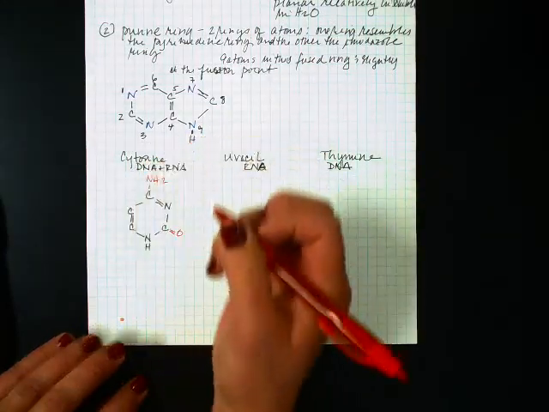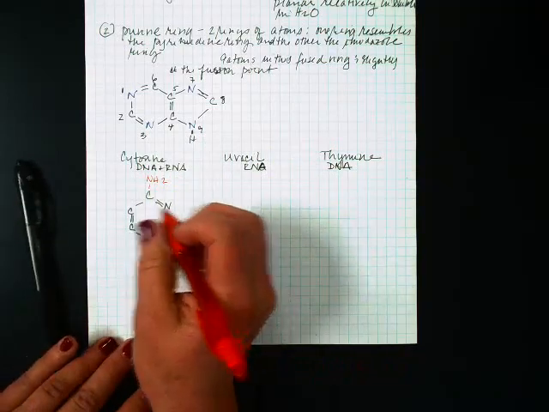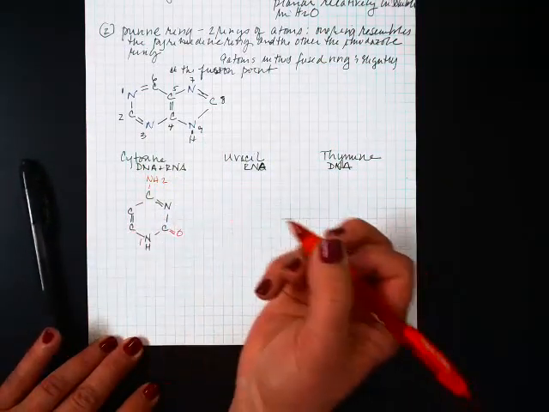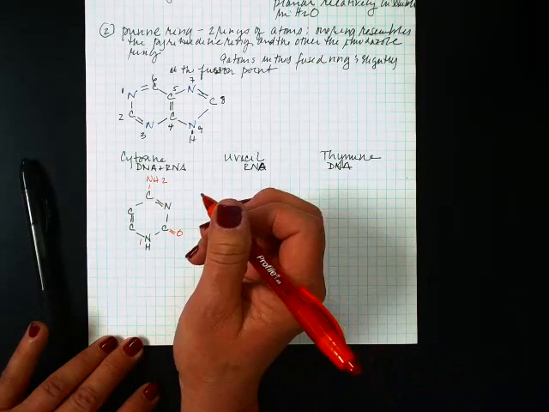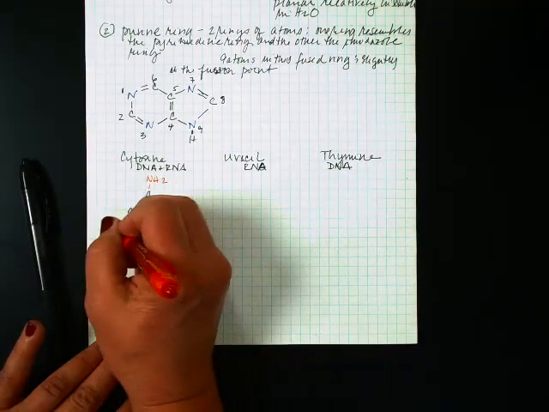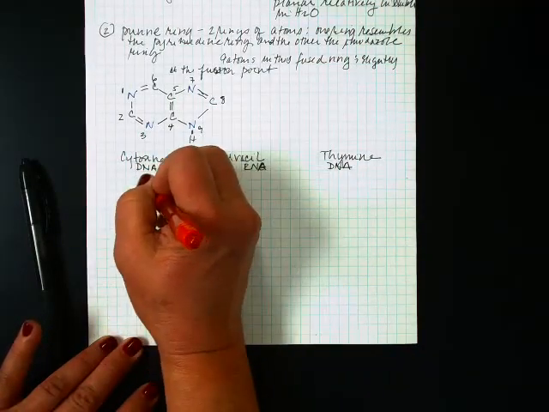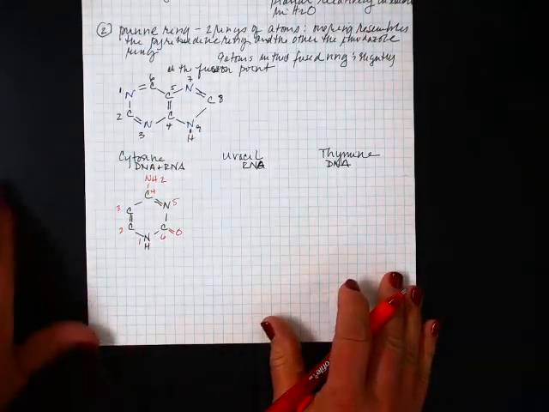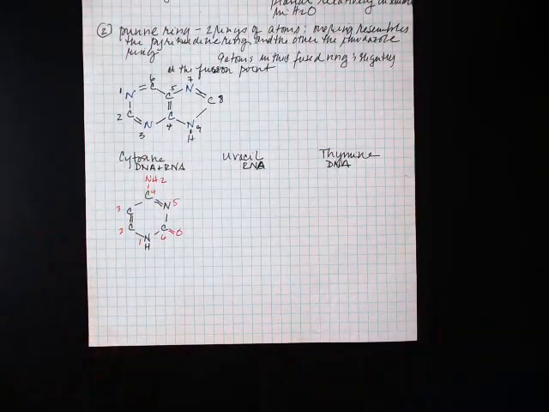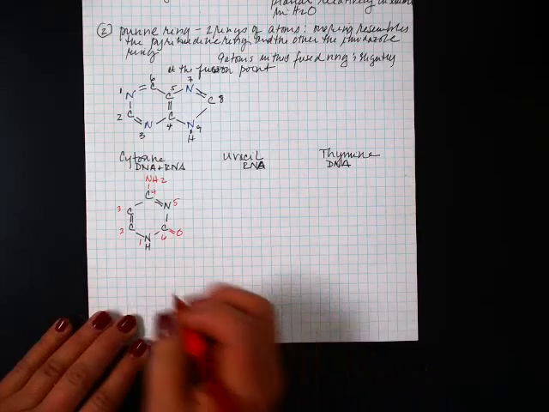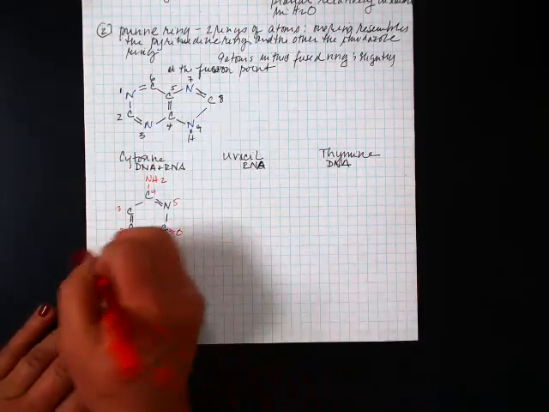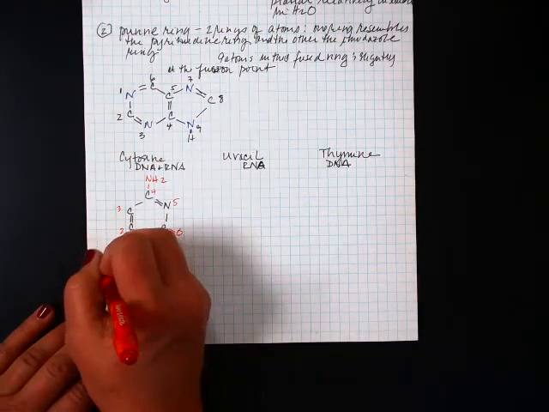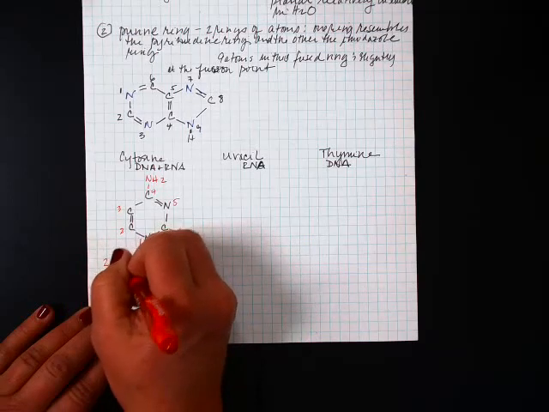Again, that numbering starts at the bottom in the nitrogen ring, and 2, 3, 4, 5, 6. And so when we name this, and this might be more helpful to learn the names, then you can easily draw the structures. And this would be named 2-oxy 4-amino.